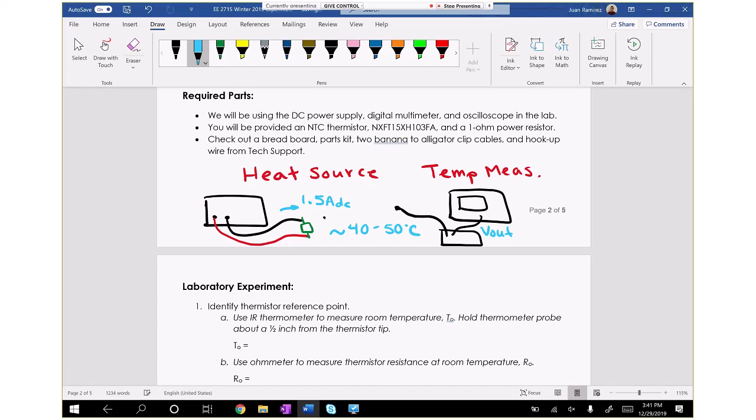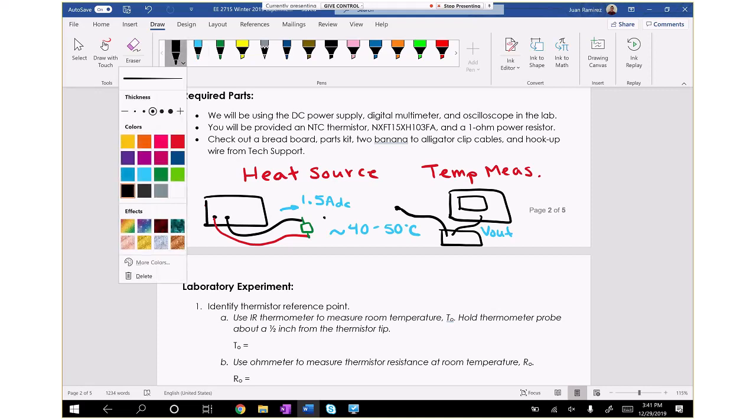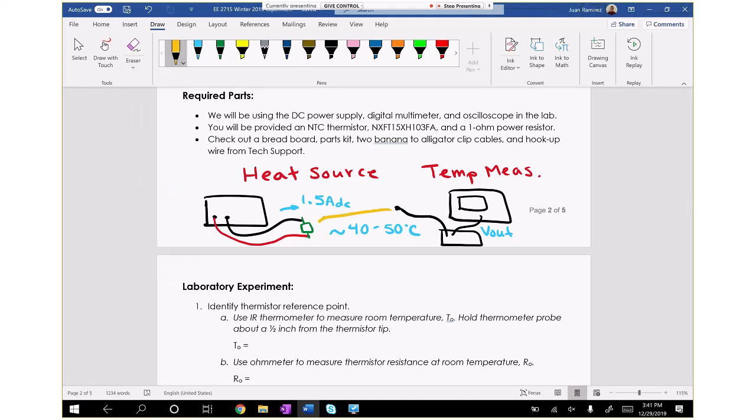What you'll also find, though, is that even when you connect your thermistor to the power resistor, so you're going to actually have the thermistor touch the power resistor, the output voltage won't jump up or jump down to its final value immediately. It'll take some time.